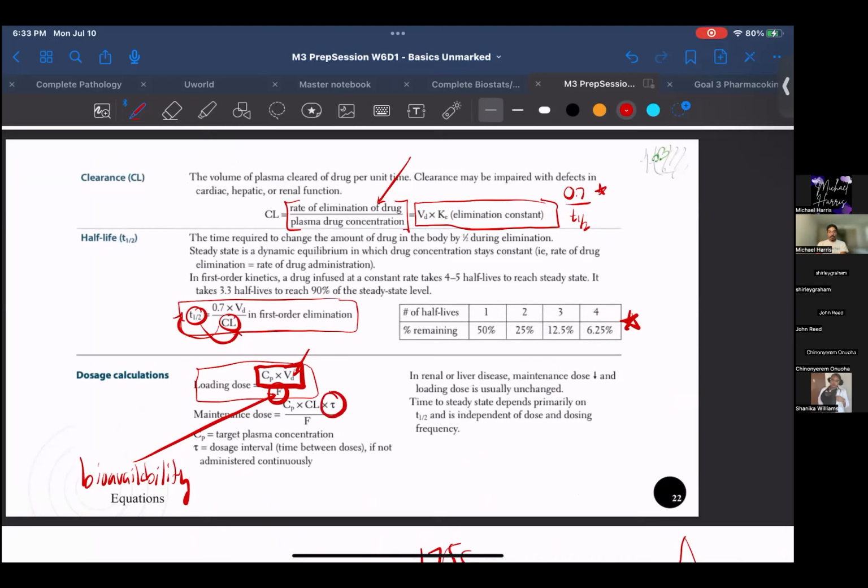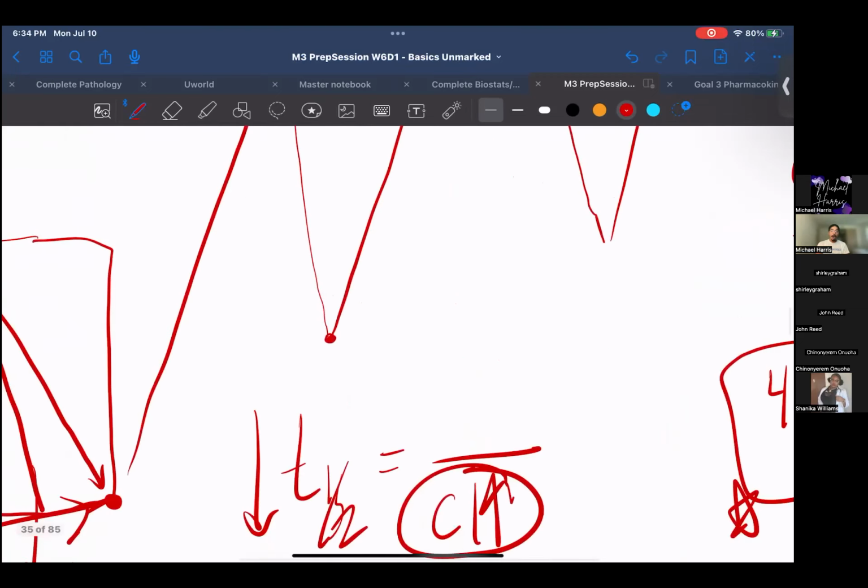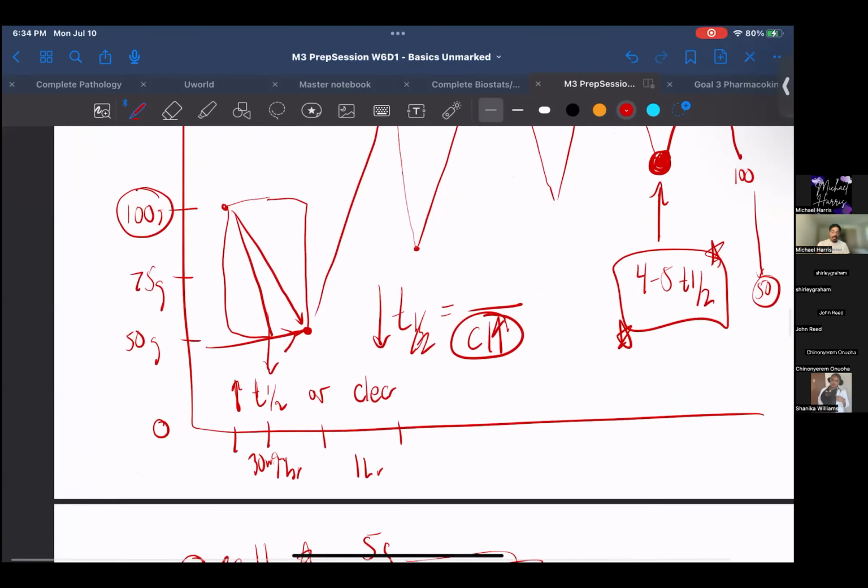Let's continue. The other component in this is time. Time matters because you need to know how often you're giving the drug. Here, we're giving the drug every hour, and the reason is that the half-life is every hour.